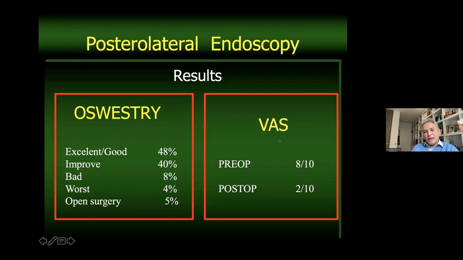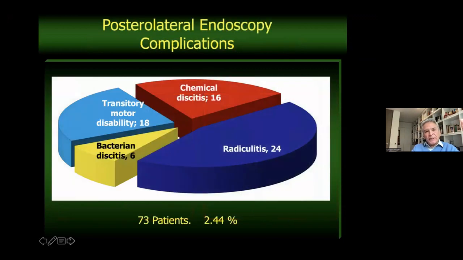For the VAS, in the pre-op it was 8 out of 10, and in the post-op 2 out of 10. And the complications were in 2.44% of the patients: radiculitis in 24, chemical discitis 16, transitory motor disability in 18, and bacterial discitis in 6 patients.